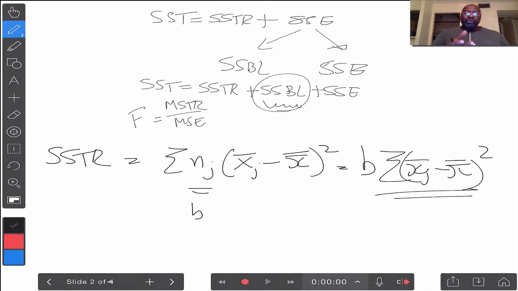Well, similarly, if we turn our heads 90 degrees counterclockwise, then we will now be looking at the variation amongst the blocks. So the formula for the calculation of variation among the blocks is actually very similar, and it would look like this.